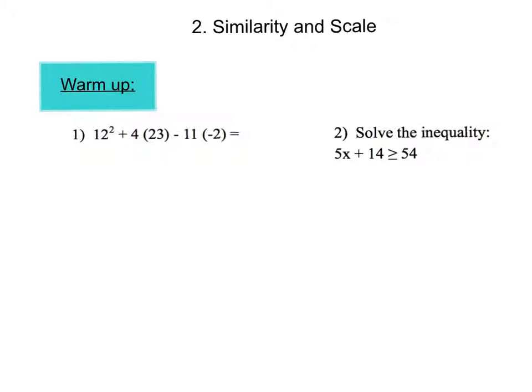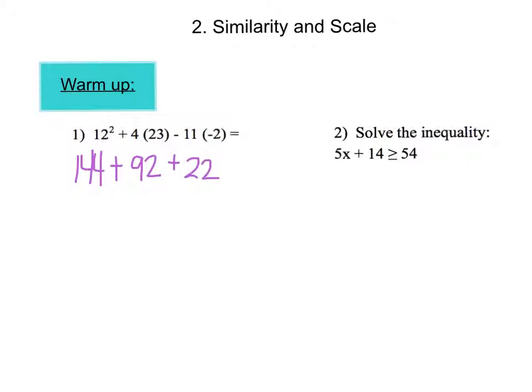So, we have 12 squared plus 4 times 23 minus 11 times negative 2. Remember, order of operations. Exponents first. So we have 12 squared, 144, plus 4 times 23 is 92. And negative 11 times negative 2 is positive 22.